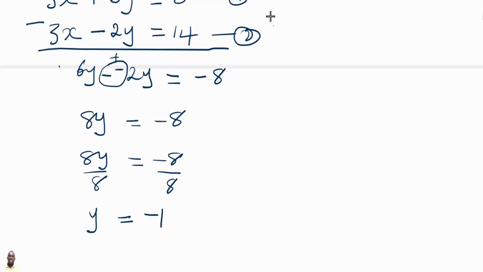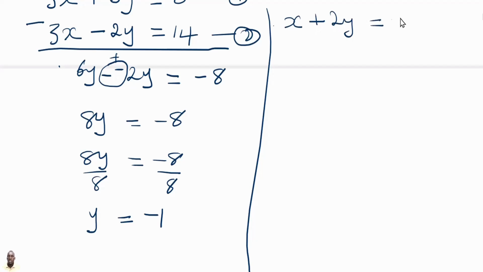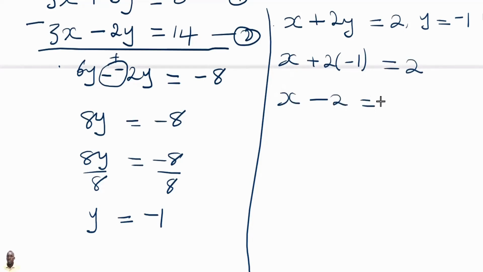Having got our value of y, we can now go ahead and find the value of x by substituting in the first equation, which is x plus 2y equals 2. For y equals negative 1, what is the value of x? So x plus 2 times negative 1 equals 2. Then we have x minus 2 equals 2. Let us take this negative 2 to the other side by adding it on both sides.